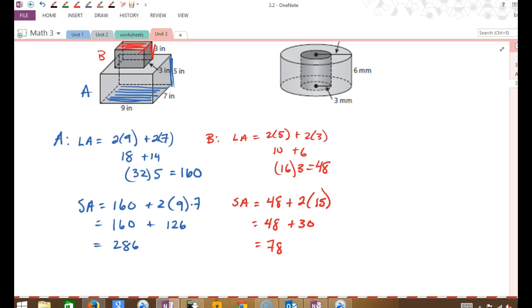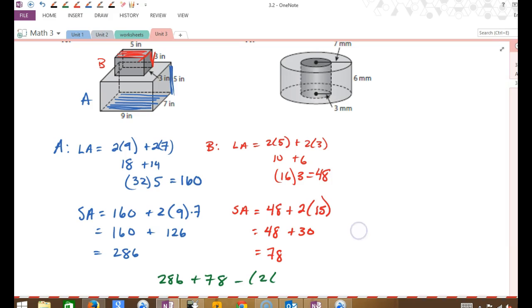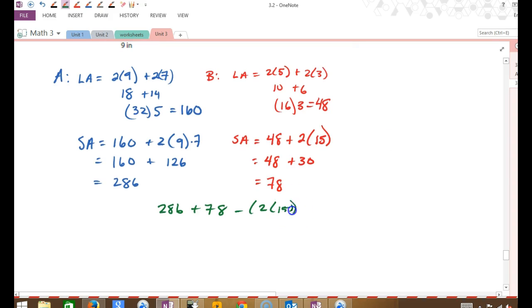We're taking 2 bases of B. So I'm just going to say we got the whole surface of A, so that was 286, plus all of B. And we're subtracting out 2 bases of B. So 2 times, okay, 2 bases of B, so it was 5 times 3, 15. So 286 plus 78 minus 30.